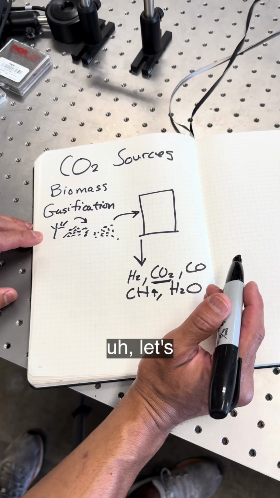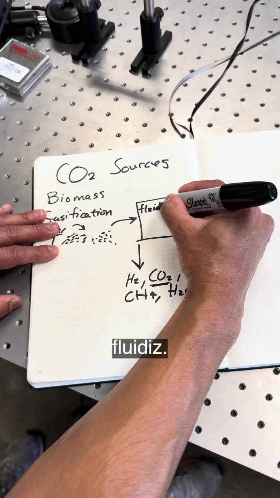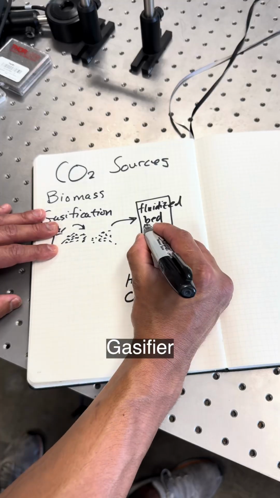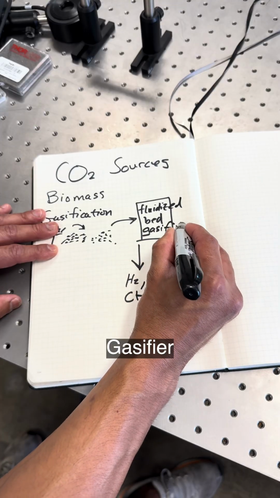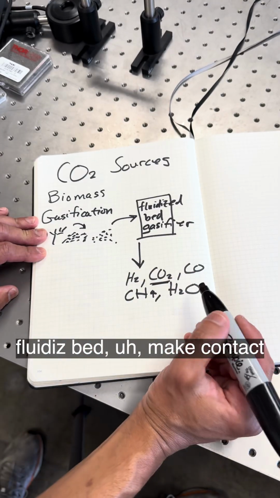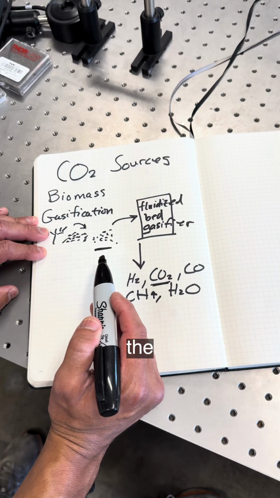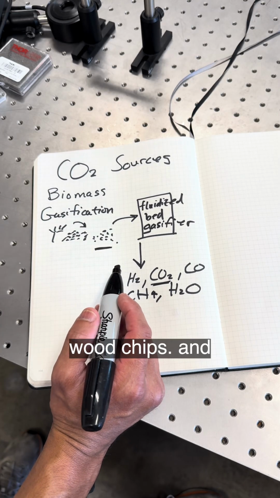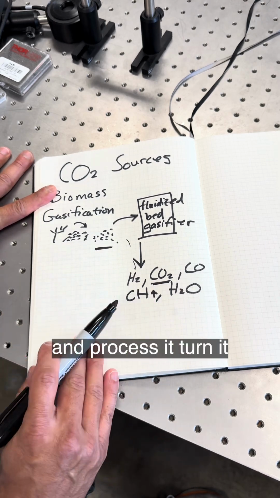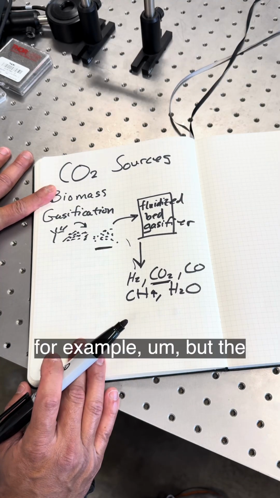This was a fluidized bed reformer, fluidized bed gasifier, and they used a fluidized bed, made contact with the wood chips, and then that releases the valuable gas, and then they take all of this gas and process it, turn it into transportation fuels, syngas, for example.